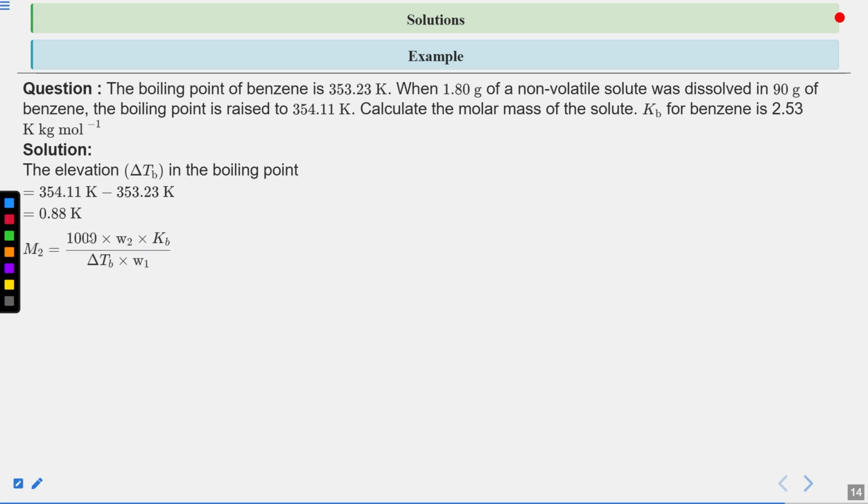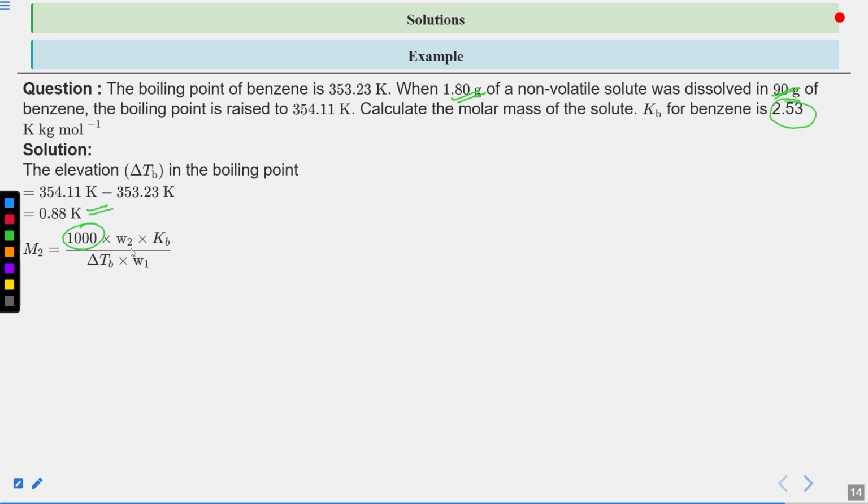Now putting this into the formula for the molecular mass in terms of the elevation in boiling point, it will be 1000 into W2 into Kb by delta Tb into W1. For W2 we have 1.80, W1 we had 90 gram, Kb is given as 2.53 and delta Tb has been calculated here.